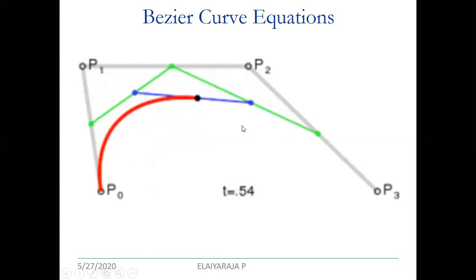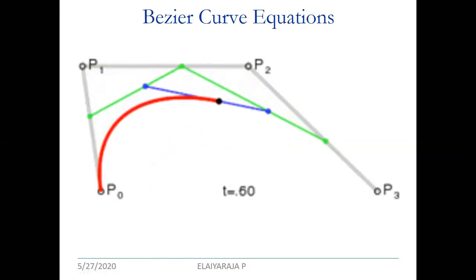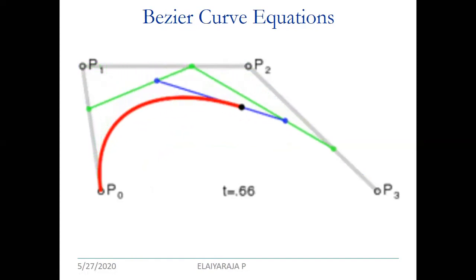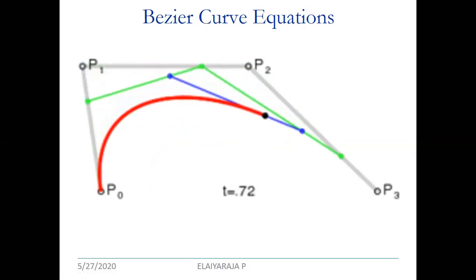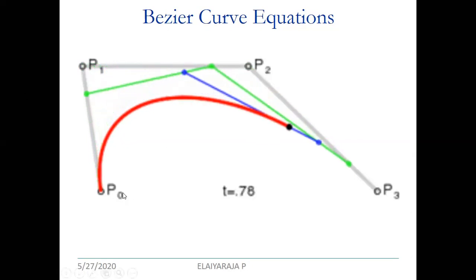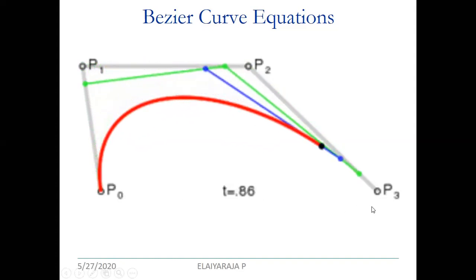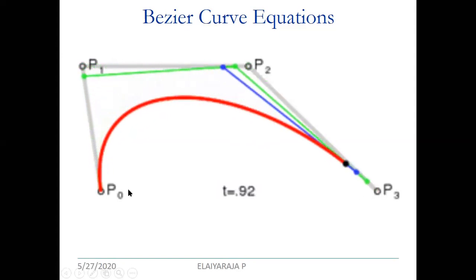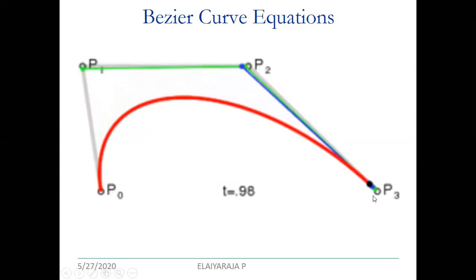So here 4 control points minus 1 is equal to 3, which says the degree of polynomial is 3. So here you will draw a cubic equation. The starting point is P0 and takes u value equal to 0, and it draws a curve and reaches the end point P3. So the two end termination points are P0 and P3.